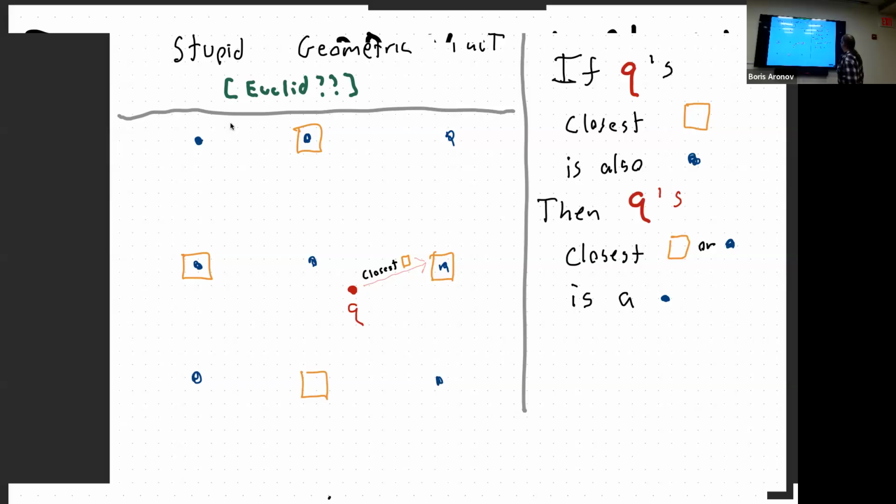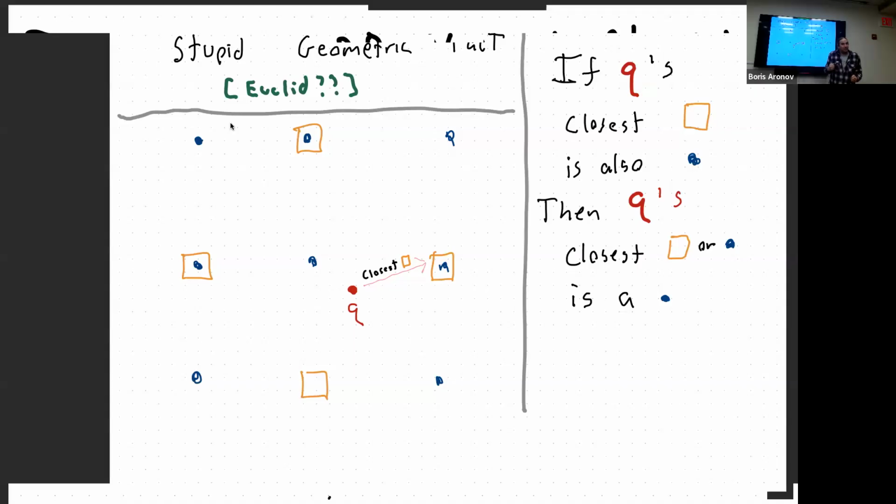No, that's not what it's saying, because here, for example, Q's closest point is this one. But it's blue. Yeah, I agree. So if it's not orange, it is blue. So suppose Q's closest point is a blue that's not orange. Then the theorem is satisfied. Suppose it's a blue and an orange, then it's satisfied.